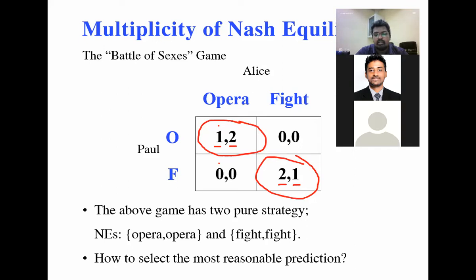Because here it seems like opera and fight both are equilibria, but they can't both go at the same time. So what will be the most reasonable prediction? For that, I will show it soon after a few things. At the end, I will show you how we can think further.